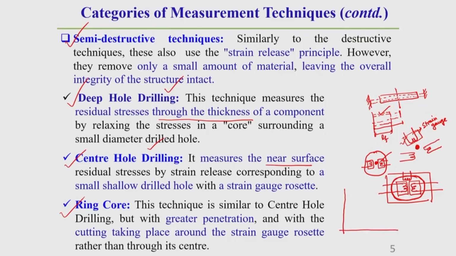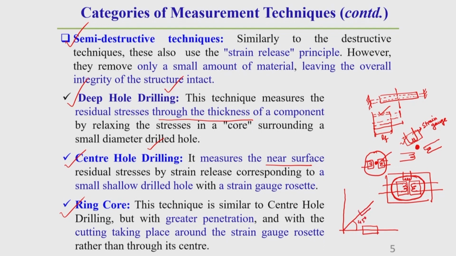Depending upon the orientation, we can categorize strain gauge rosettes like the 45-degree and the 60-degree strain gauge rosette. How does the 45-degree one look? This is a system of strain gauges where one is along the horizontal axis and another is at 45 degrees to this horizontal axis.